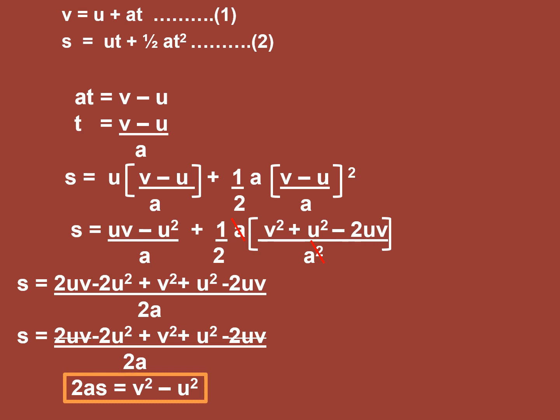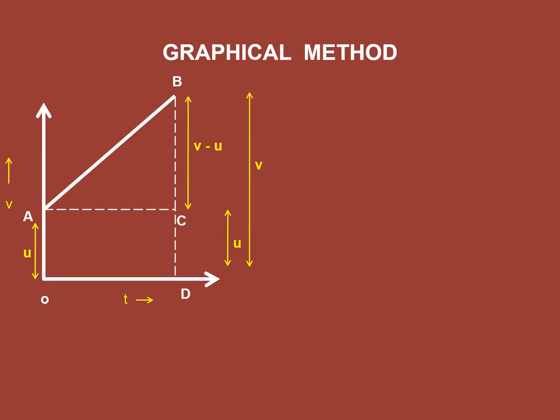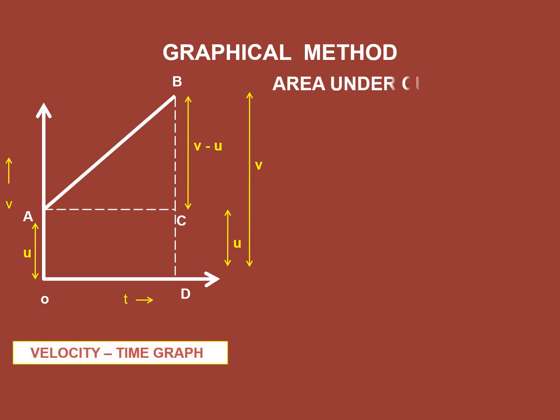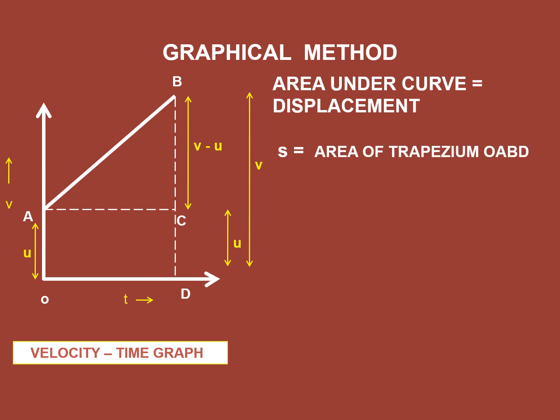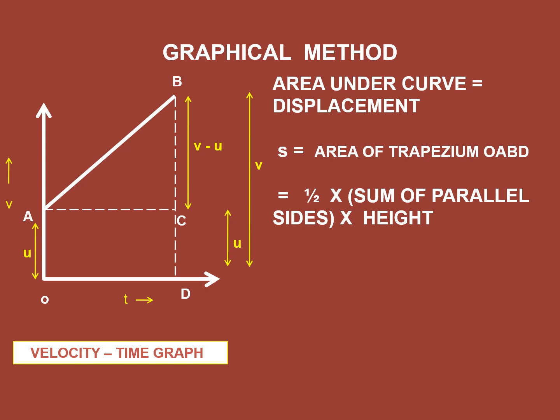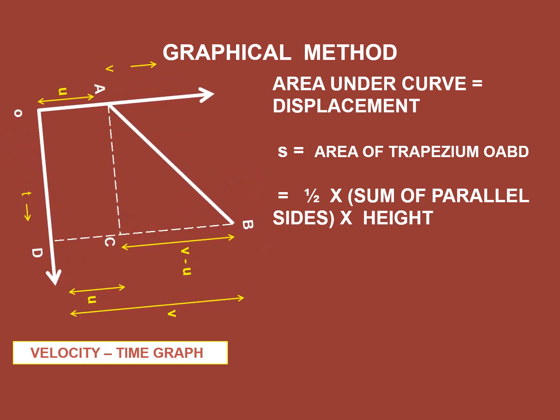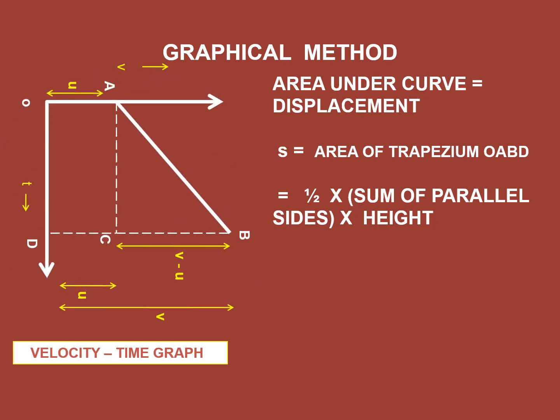For the graphical method, we will use the same velocity time graph. The area under the curve indicates displacement, which is trapezium OABD. Area of a trapezium is 1 by 2 multiplied by the sum of parallel sides multiplied by height. I will twist it to give you a better understanding of parallel sides and height.